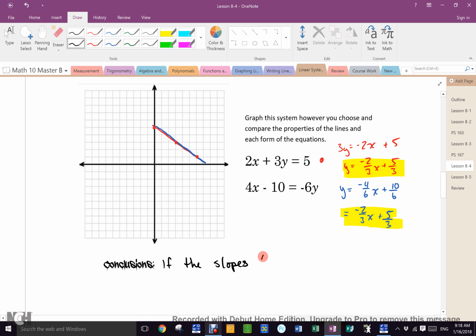If the slopes and y-intercepts are the same, then what do we have? The same line, which means they cross each other.